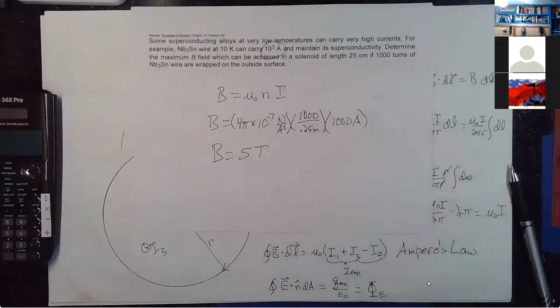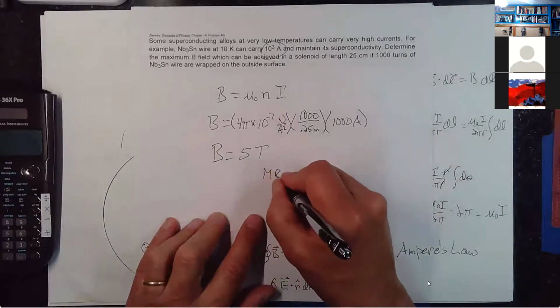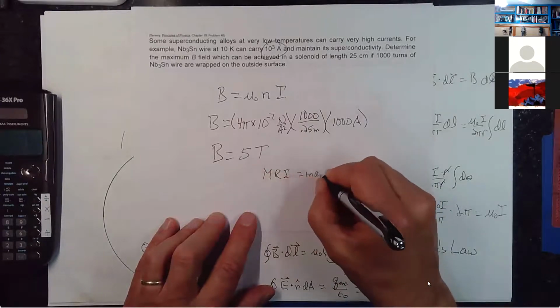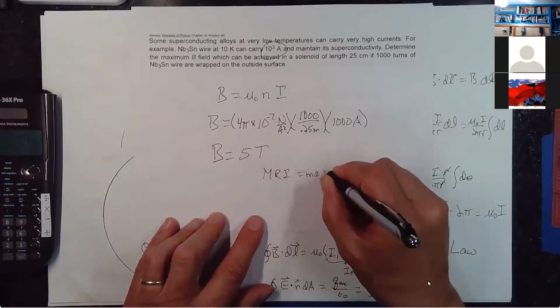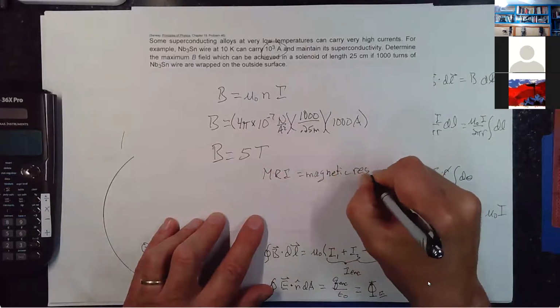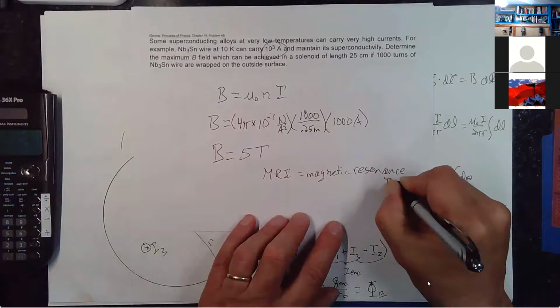It's an oscillating magnetic field. Nowadays, it's an MRI machine, which is magnetic resonance imaging.